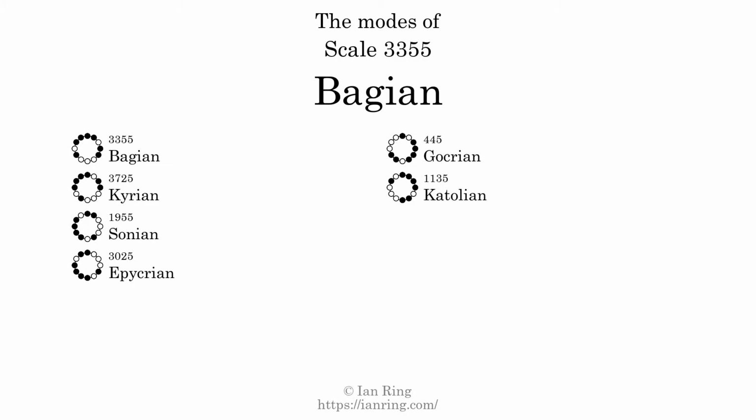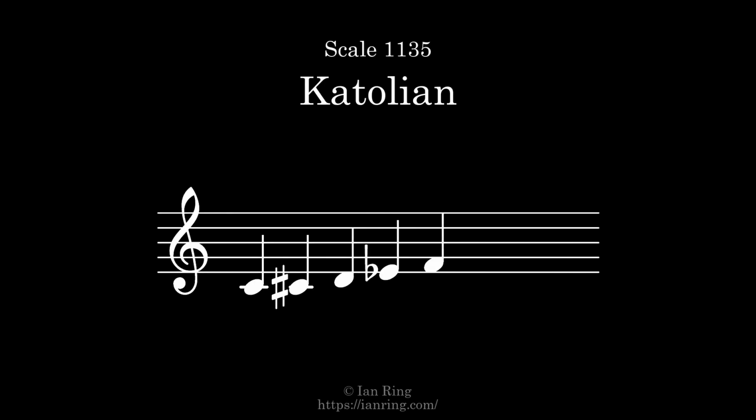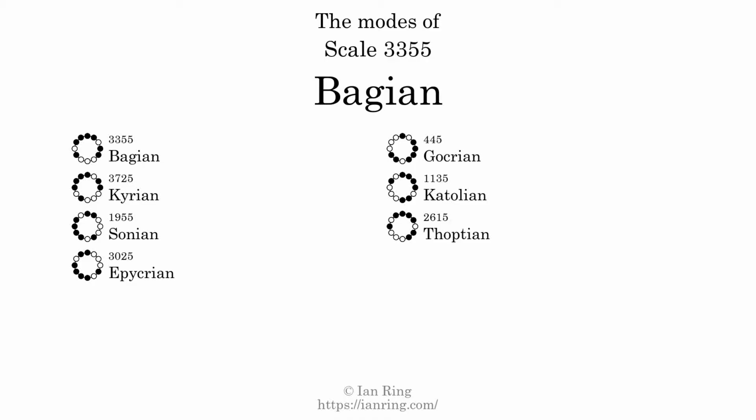The sixth mode is scale 1135, also known as heptatonic. It sounds like this. The seventh and last mode is scale 2615, also known as thoption. It sounds like this.